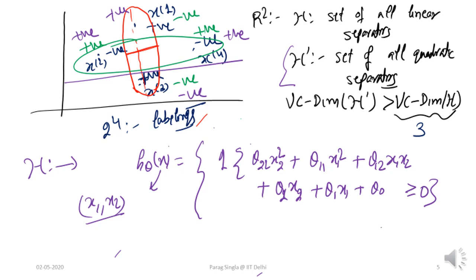So this is a natural extension of the linear classifier, where these thetas are the parameters of the hypothesis. We get different hypotheses for different values of theta, and the space spanned by these kinds of hypotheses in the 2D space is the set of quadratic classifiers, and the ellipses that we have argued above in this example are specific instances of these quadratic classifiers. Okay, let's move on to the next slide.